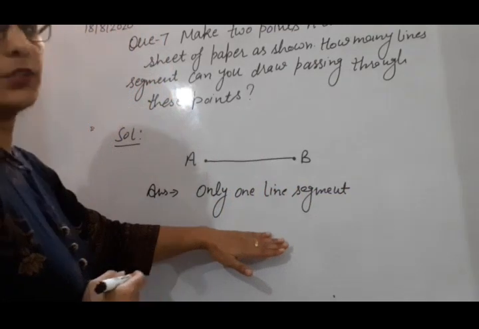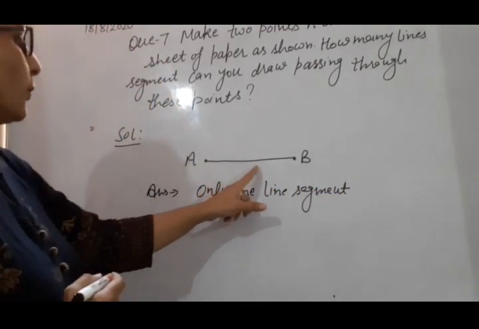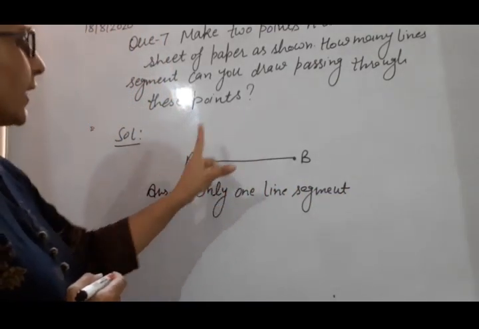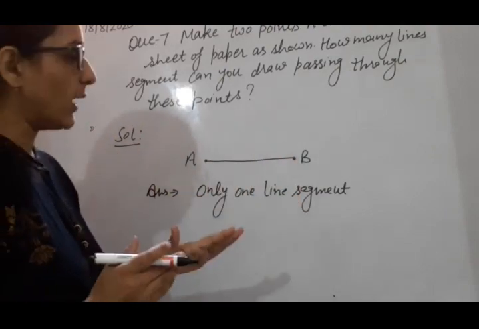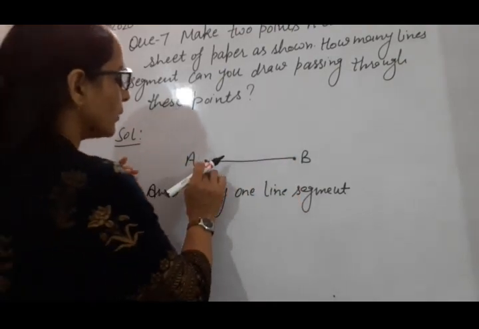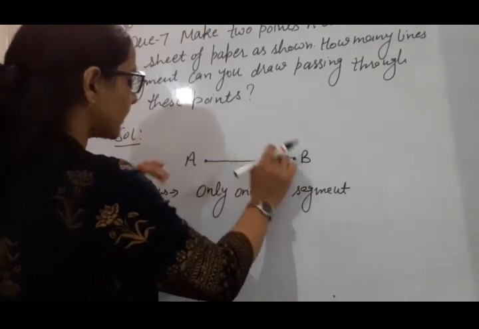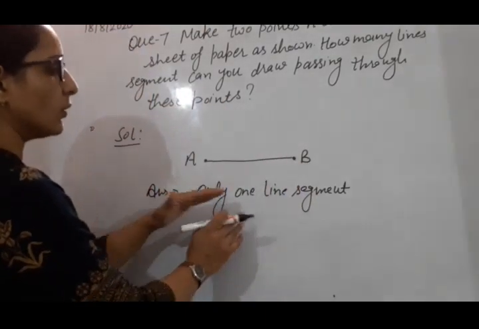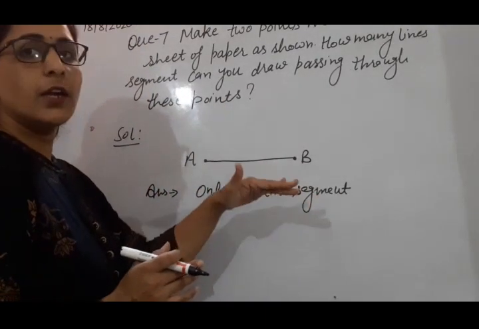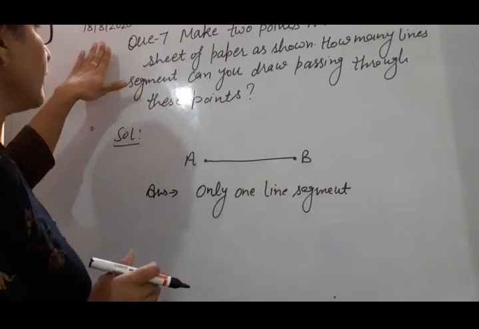So in your notebook you take two points A and B and, with the help of your scale or ruler, you join both points and then write the answer: only one line segment we can draw here. That is your question number 7.